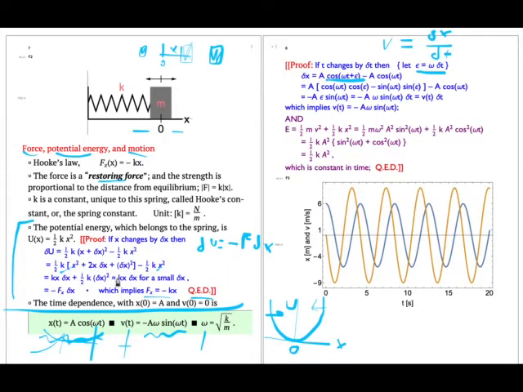So if these equations for position and velocity give me conservation of energy, then I know this is the right answer. I mean, the answer is unique. It has to satisfy conservation of energy. So if these give me the conservation of energy, then I've got the right solution. There's only one solution.